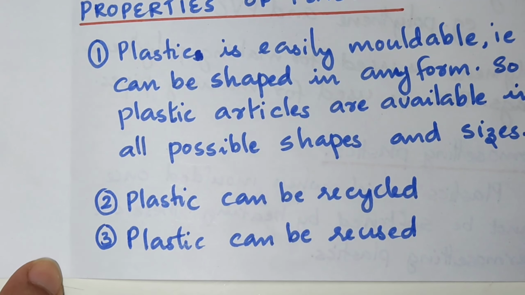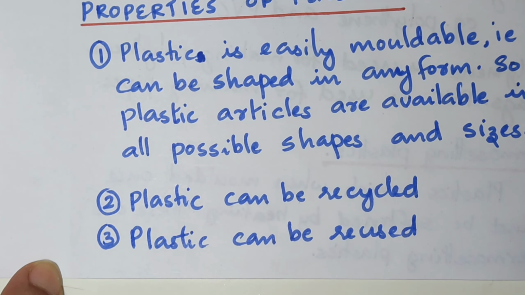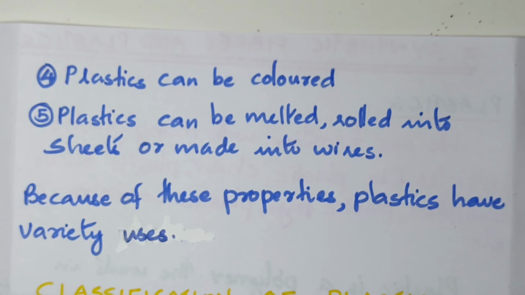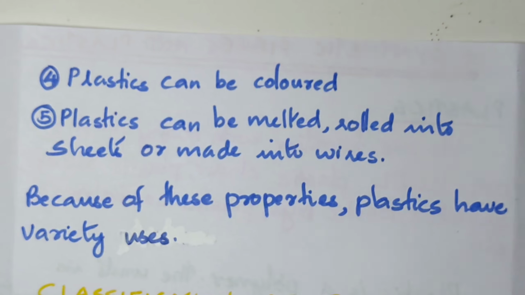Second point, plastic can be recycled. Third point, plastic can be reused. Plastic can be colored. Fifth point is plastic can be melted, rolled into sheets, or made into wires. Because of these properties, plastic has a variety of uses.